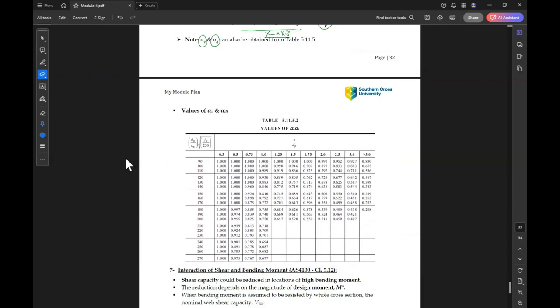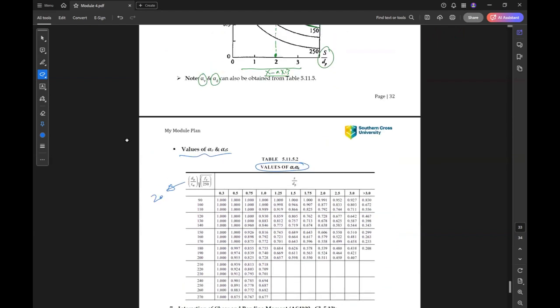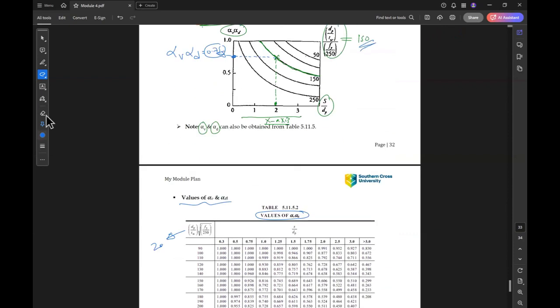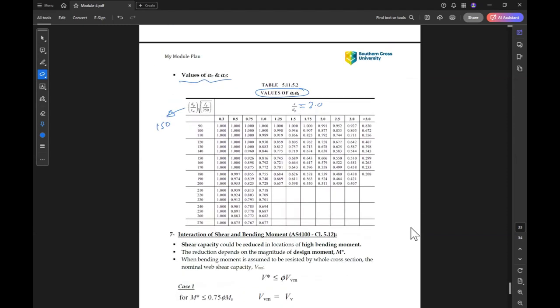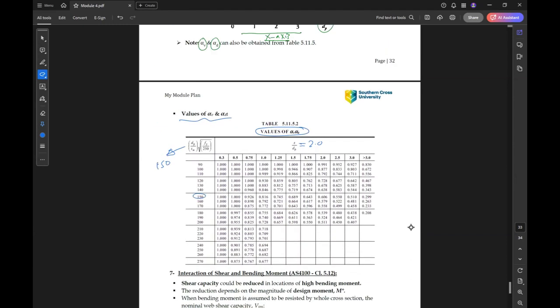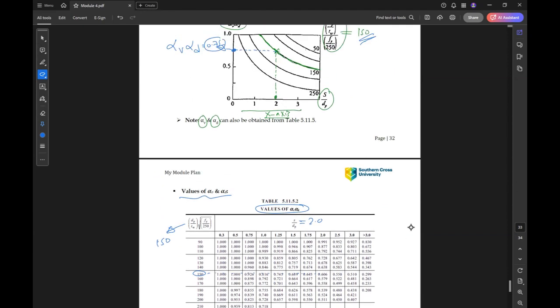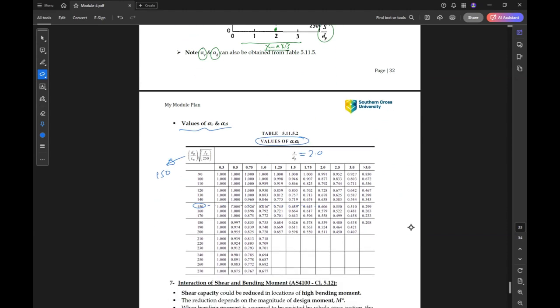Okay, so this is another option to find lambda V times lambda D. Or another option is from the table 5.11.5.2. So again, if we assume this value as similar to here 150, just an example, and here for example 2, this is the exact value, 0.606.